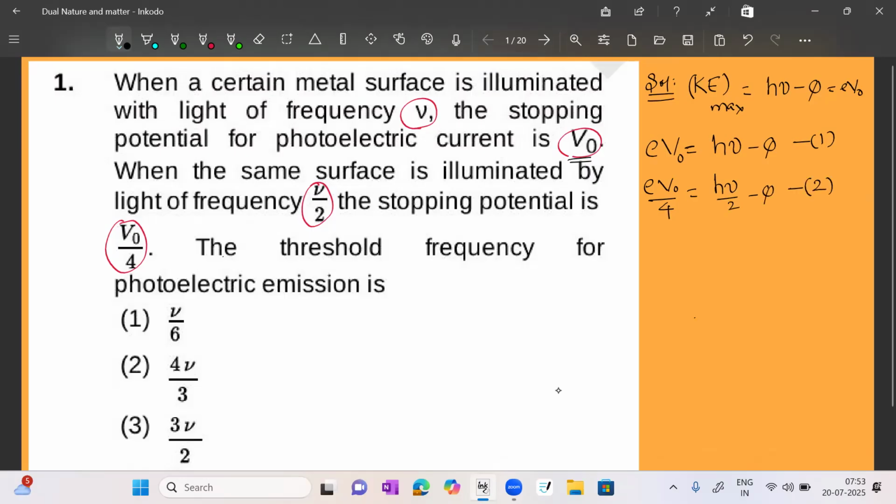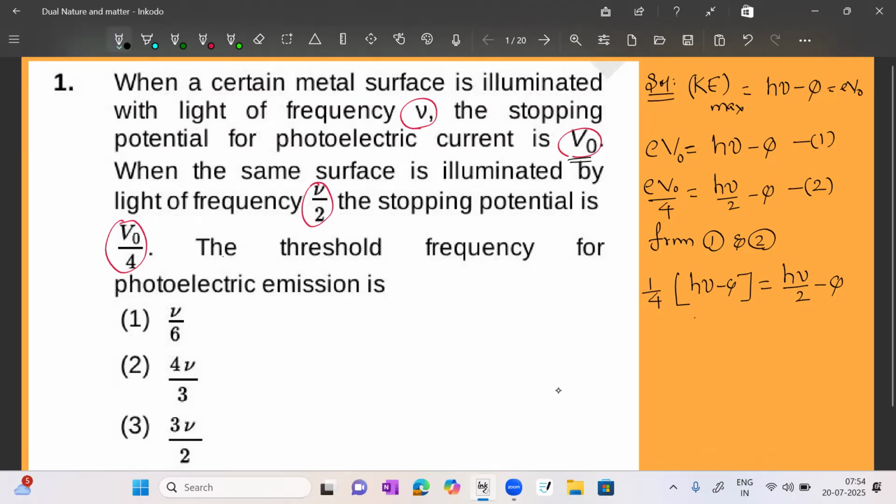This is the second equation. Now we solve equations 1 and 2. From the first equation we know the eV naught value, so we can replace it by 4 times.